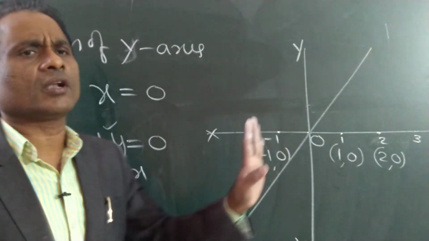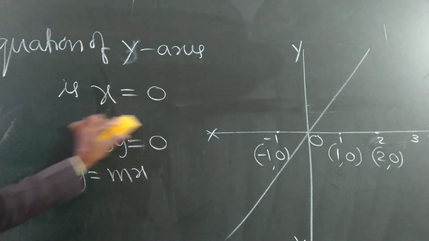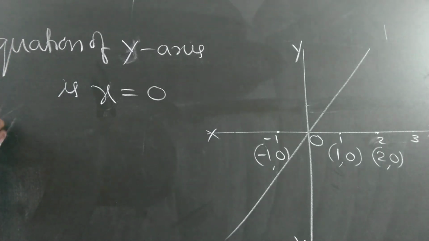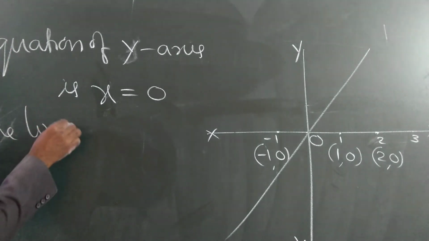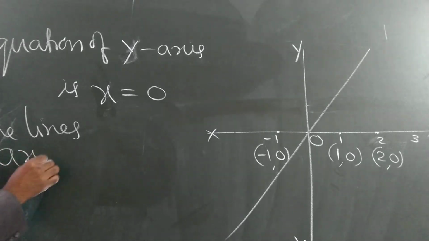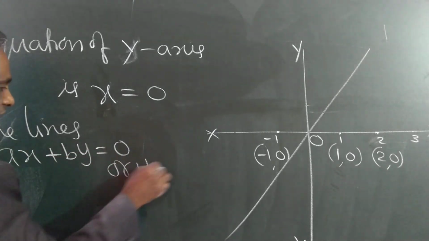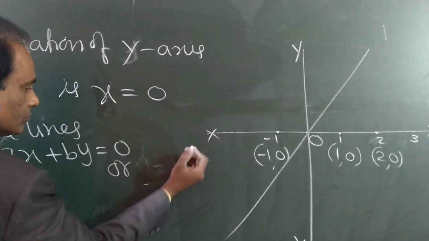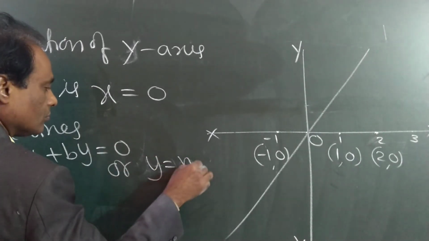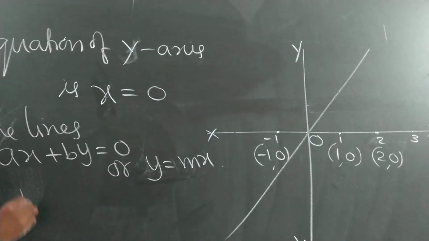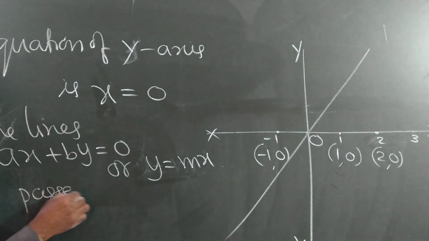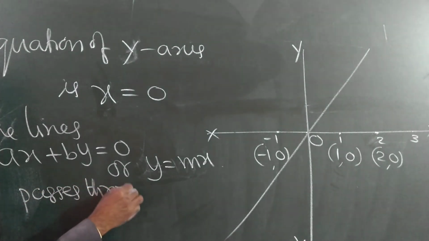This is also an important bit, write it down. The lines ax plus by is equal to 0 or y is equal to mx pass through the origin.